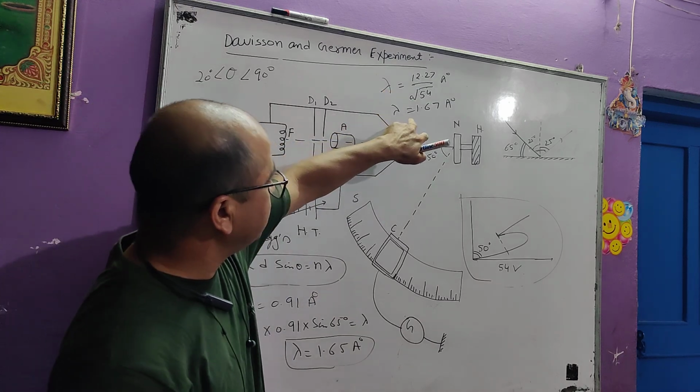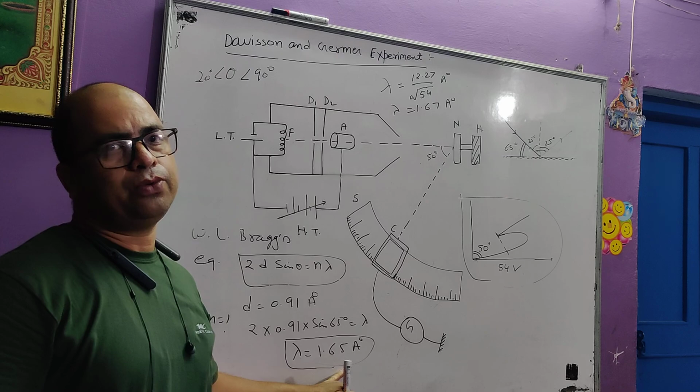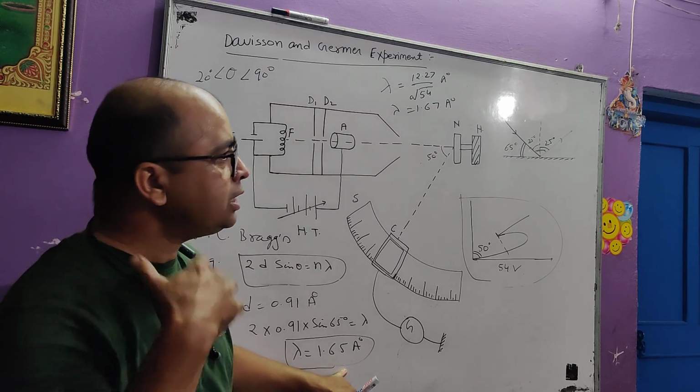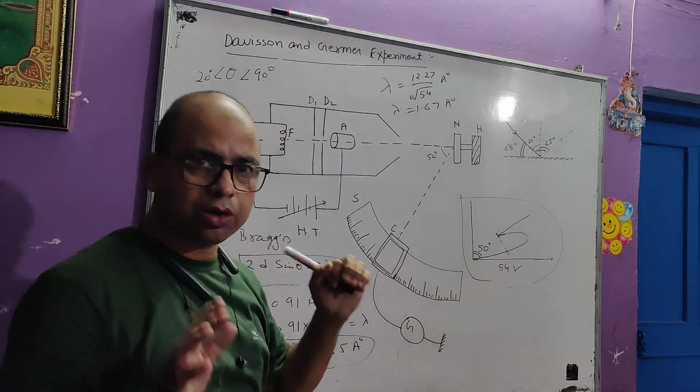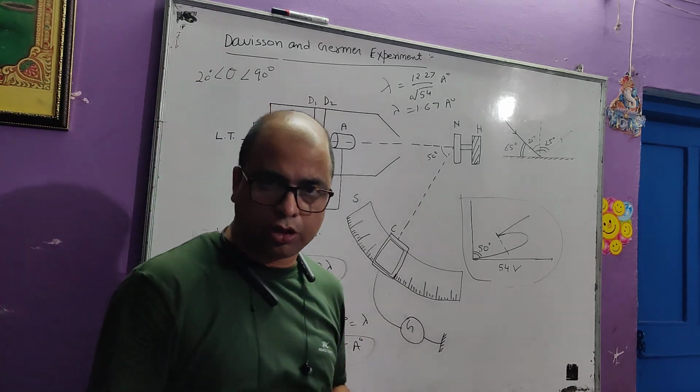Thus, in both cases, electron as a particle and electron as a wave, the wavelength of the electron is the same. Hence Davisson and Germer concluded that the electron has dual nature. Why?